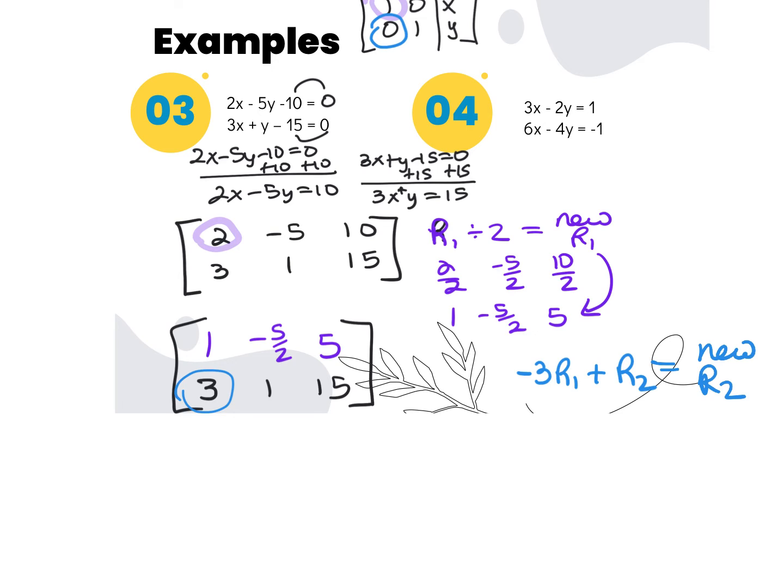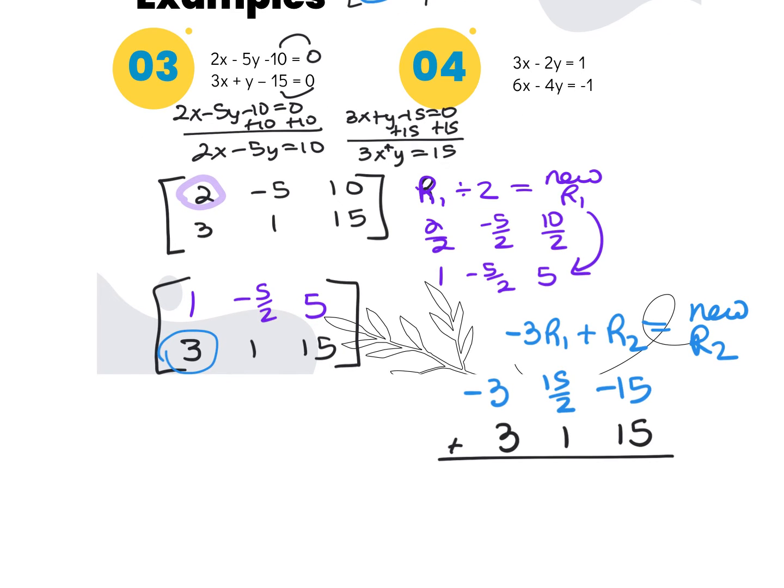So once I distribute a negative 3 to row 1, I get negative 3, I get positive 15 over 2, and then negative 15. I'm going to write row 2 underneath it, so it's lined up here. These are simple calculations, but again, sometimes it's better to not try to do them in your head. 0.